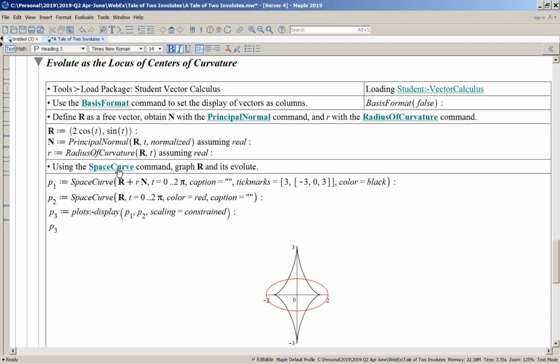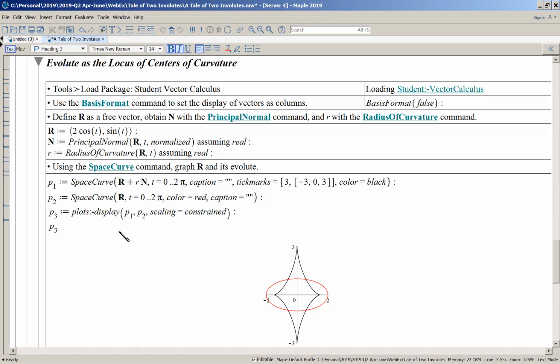Then I used the SpaceCurve command in the Student Vector Calculus package, and I prefer this command over the older spacecurve command spelled with all lowercase letters, and that's in the plots package. The problem with that is it only works for three-dimensional curves in R3.